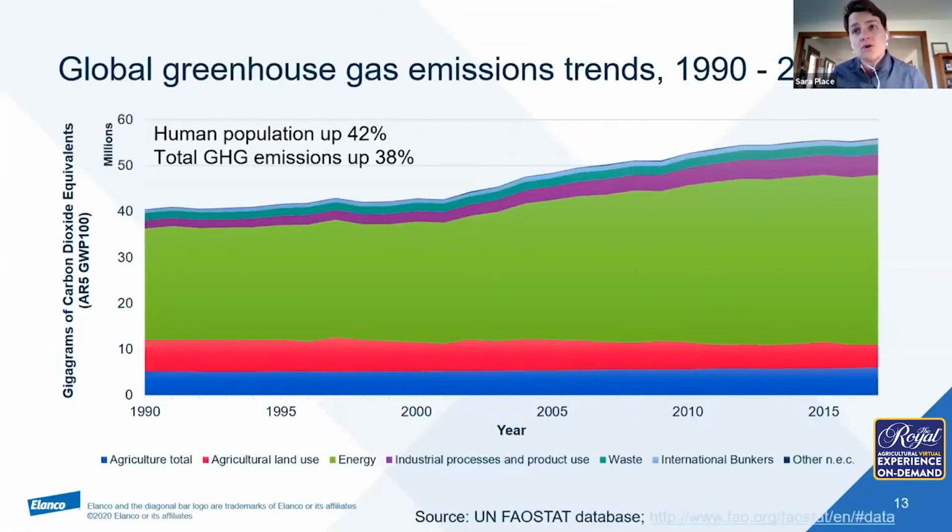And when we look at this globally, this is a little bit more context for you of thinking about, again, how these things change over time. This is information that's global in scope. So we're looking at global greenhouse gas emissions from 1990 to 2017. And the different colors here, the key ones just to call out, we're talking about agriculture and food production. The two bottom colors, so the blue and the red, are agriculture and agricultural land use, so any land use change, things like that.